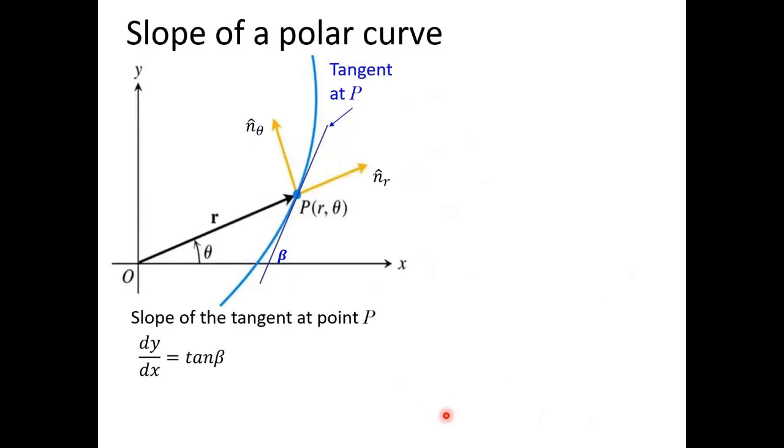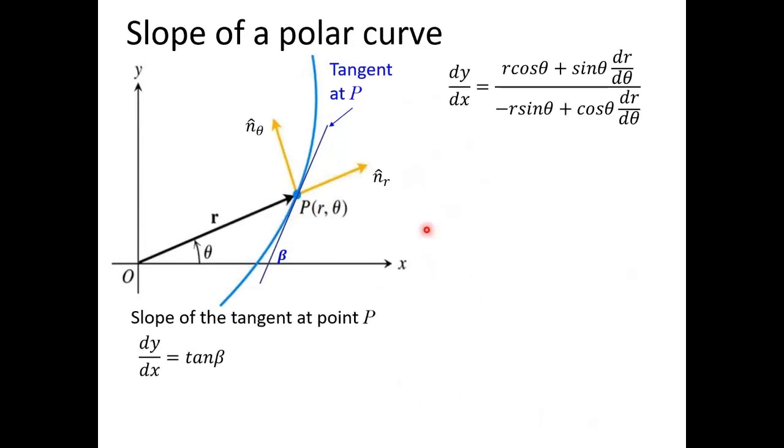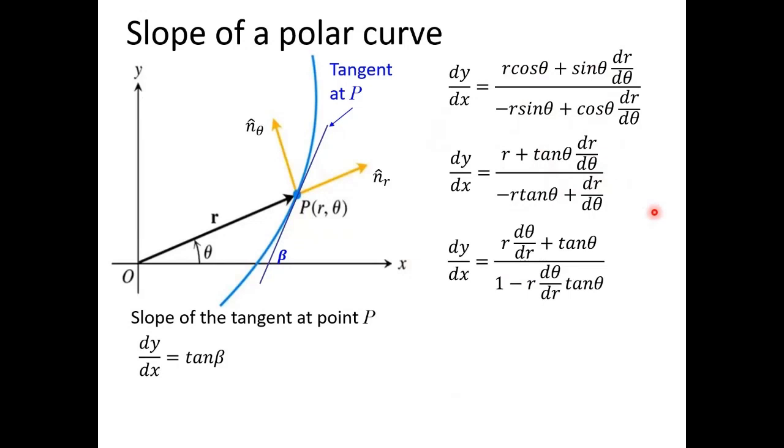You can simplify this dy over dx by dividing both the denominator and the numerator by cos theta. And then if you multiply the denominator and the numerator by d theta over dr, you will come here. If you draw a horizontal line from P, this angle is theta, the same angle here.